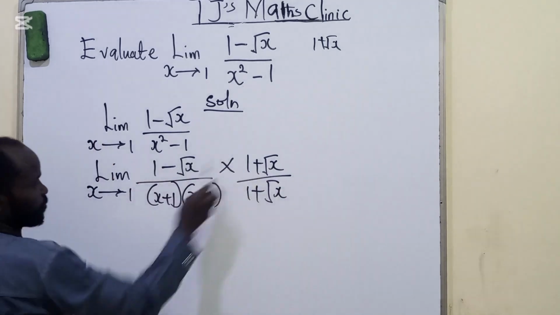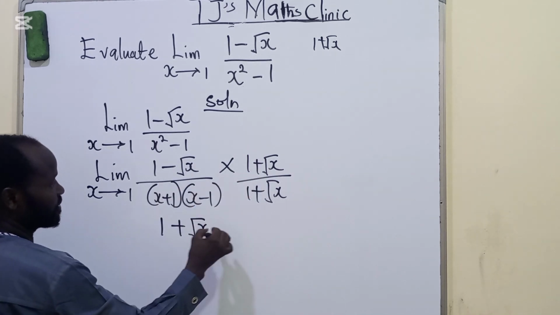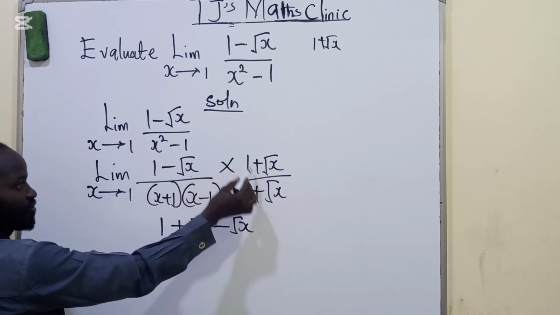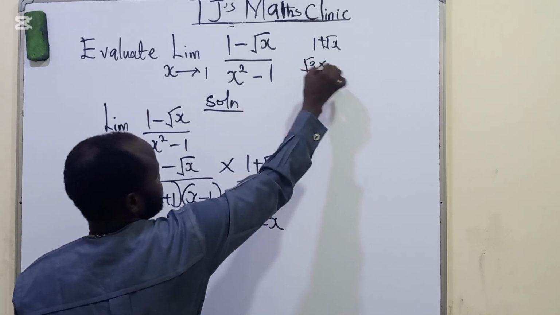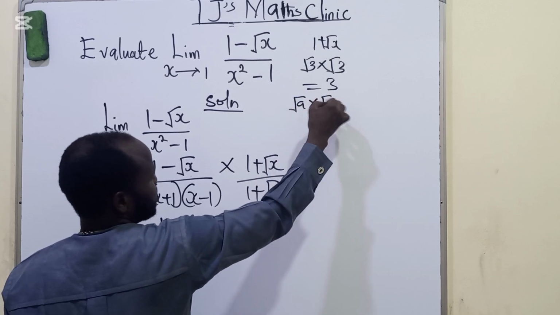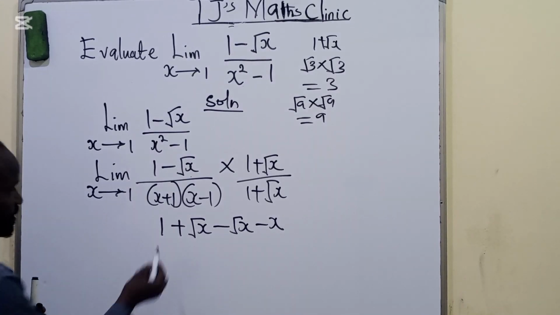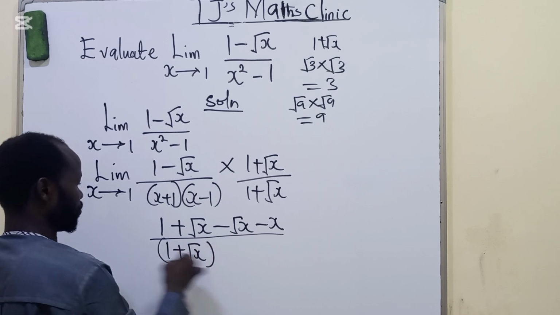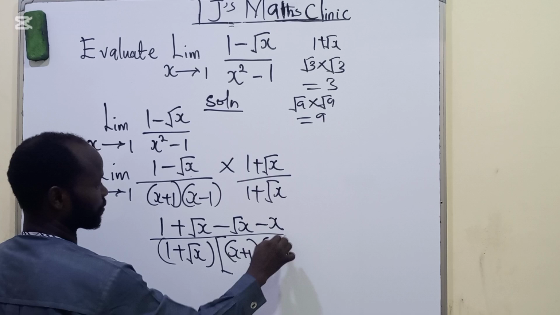So 1 times 1 is 1, plus 1 times root x is root x, minus root x times 1 is root x, minus root x times plus root x will be minus x, because root a times root a, under the rules of surds, is a. Very important. This is divided by (1 plus root x) times the bracket (x plus 1)(x minus 1).